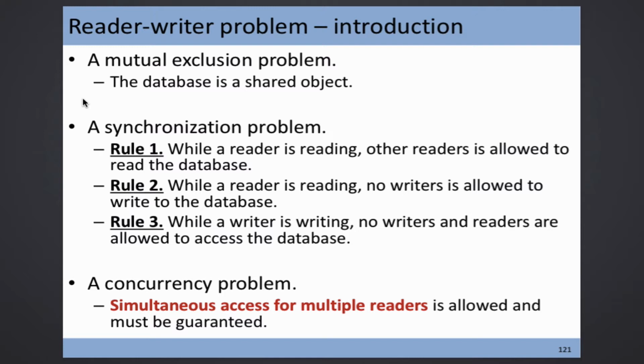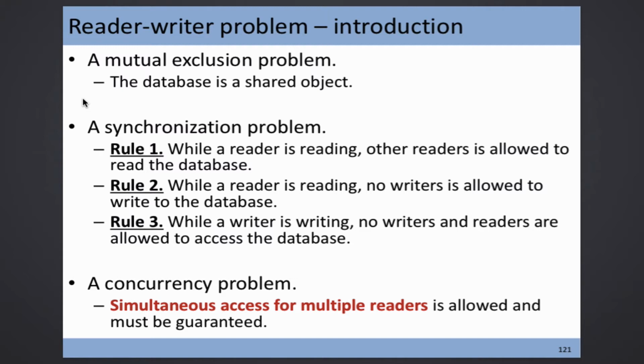And how about the third rule? The third rule is that the writer actually has a higher priority. When the writer is in the database, as if it holds the database exclusively, no one can get the database. So you can see that the writer seems to have more power but is very restrictive.